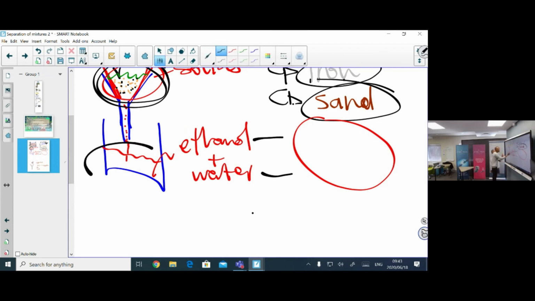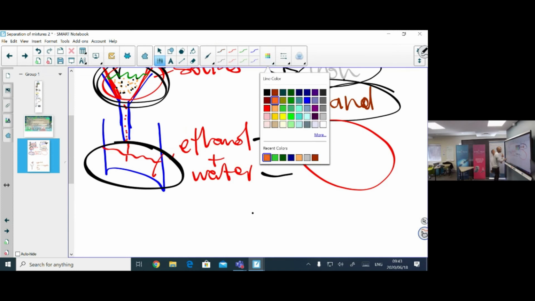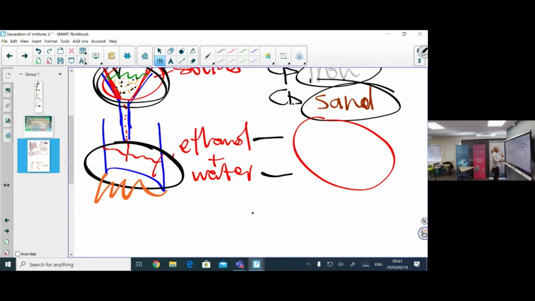And we're going to separate this mixture using what? We're going to heat up this mixture. Upon heating up this mixture, we know that ethanol having a lower boiling point compared to water will evaporate out first, leaving behind our water, right?